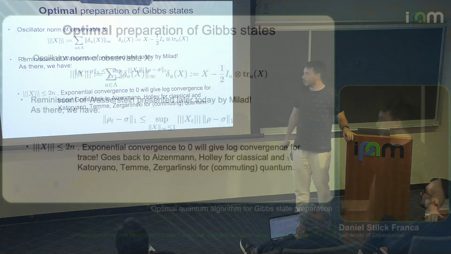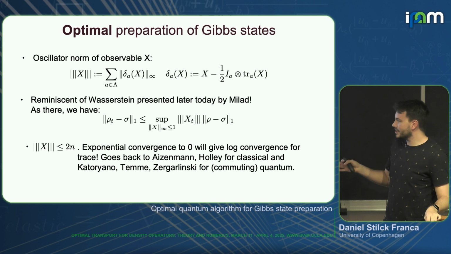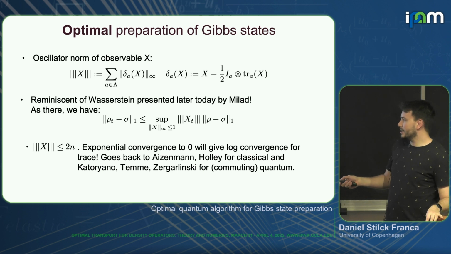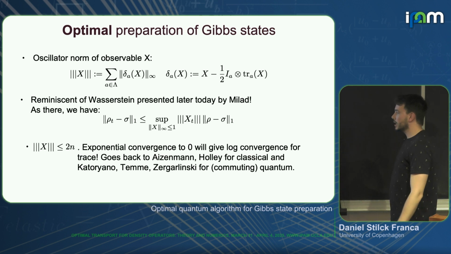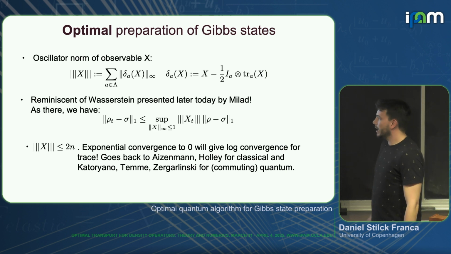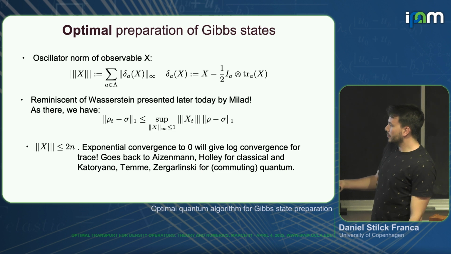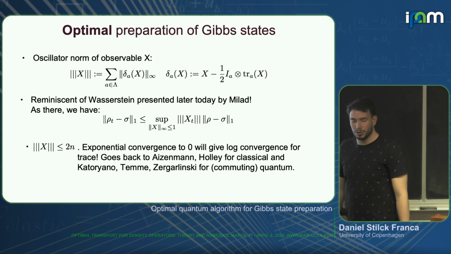And you can show the following inequality. If I let rho t be the evolution of the state under the semigroup, and sigma again the fixed point, and I let x_t be the observable evolved in the Heisenberg picture, you have this sort of inequality. It's maybe not too difficult to see by a triangle inequality that this thing over here is at most 2n.